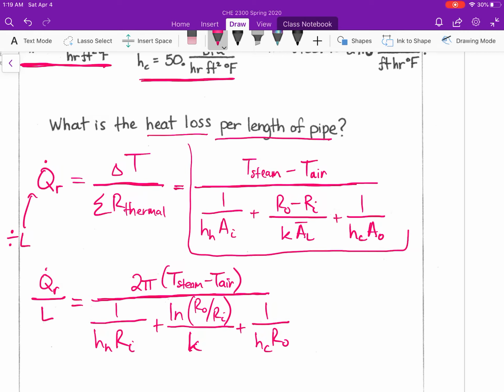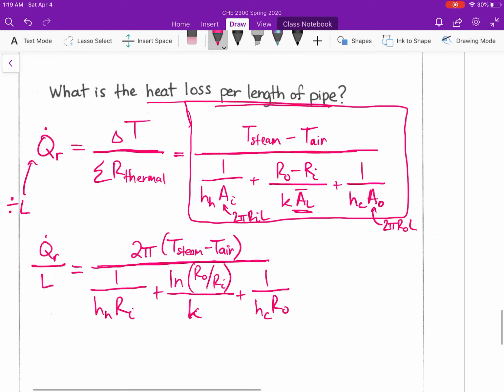Again, all I've done is take this equation right here and divide it by L. I've also plugged in 2 pi R_i L here, 2 pi R_o L here. I've plugged in my terms for my log mean area as well.